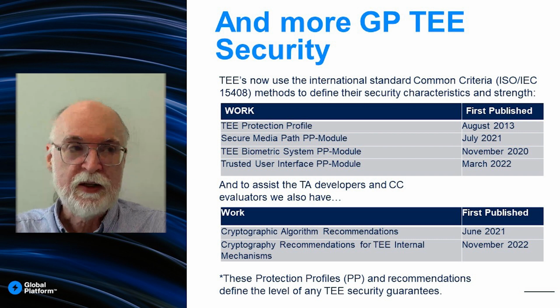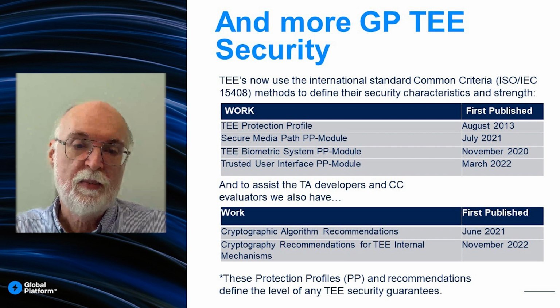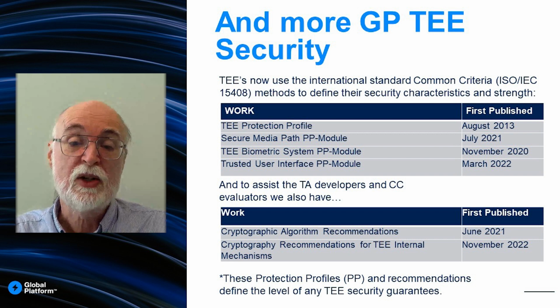And having defined how the TE protects its assets, the assets being things like the trusted applications that are running inside it, the data of those trusted applications, etc., then there were some extensions made to cover things like media handling, biometrics, and trusted user interfaces.